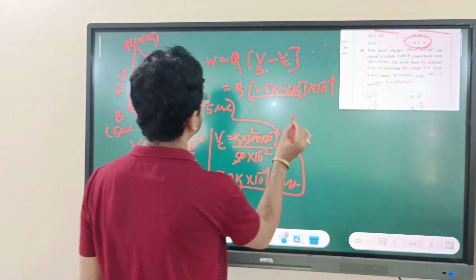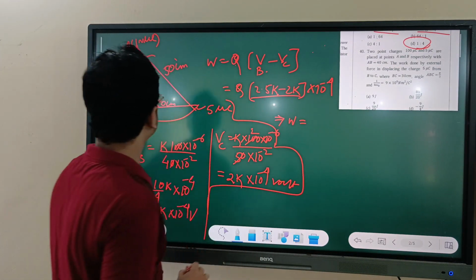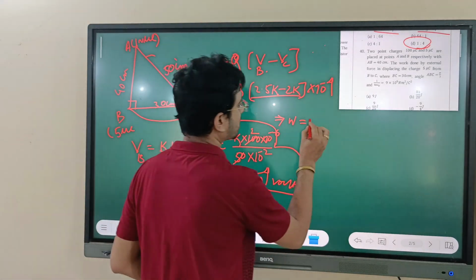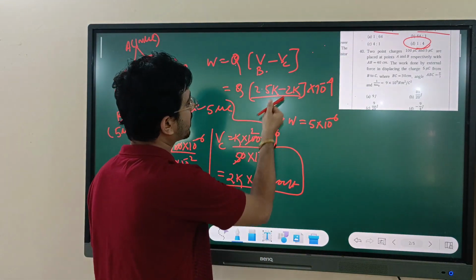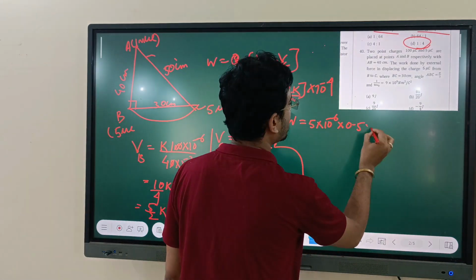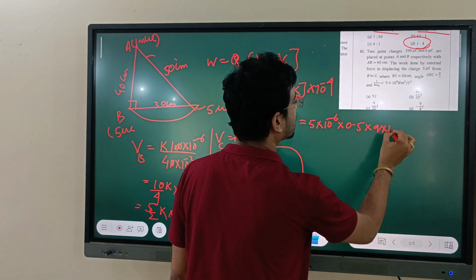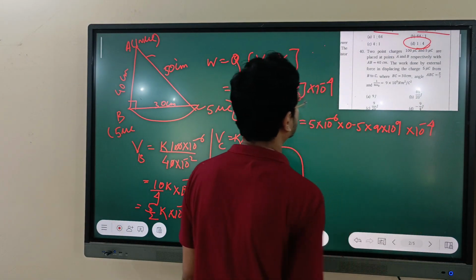So let me solve this. Then W is equal to Q. In place of Q, I can write 5 microcoulomb, 5 into 10 to the power minus 6, and 2.5 minus 2 is equal to 0.5 of K. In place of K, I can write 9 into 10 to the power 9, and this is 10 to the power minus 4.